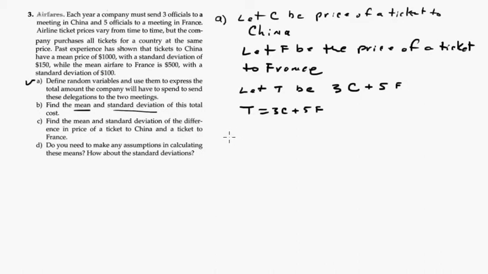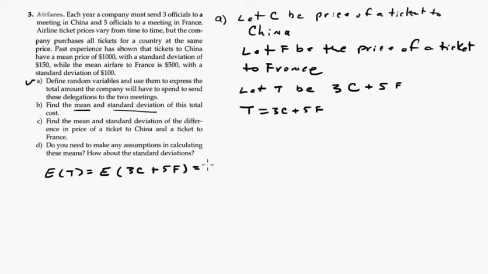Okay, so the expected value is the mean. So the expected value of T is the expected value of 3C plus 5F.